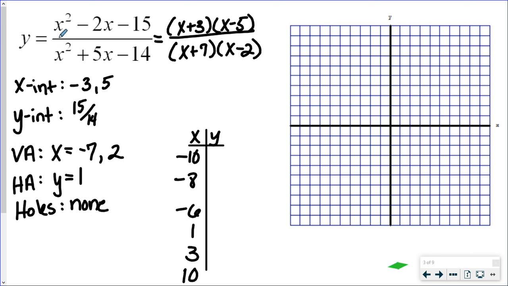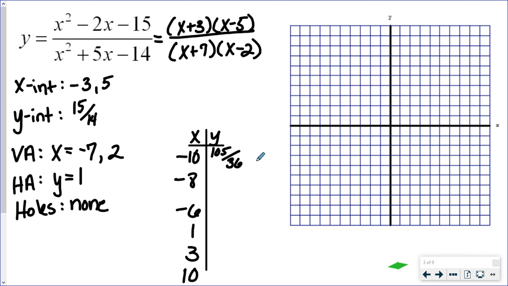All right, so plugging in -10, we get 100, plus 20 is 120, minus 15 is 105, and that will be over 100, minus 50 is 50, minus 14 is 36. Now, again, we don't have to be very precise with that. All right.